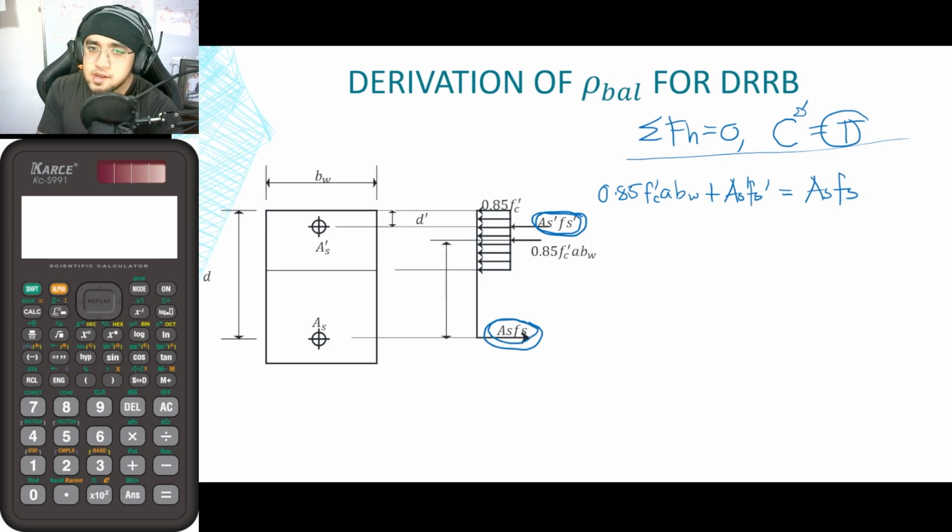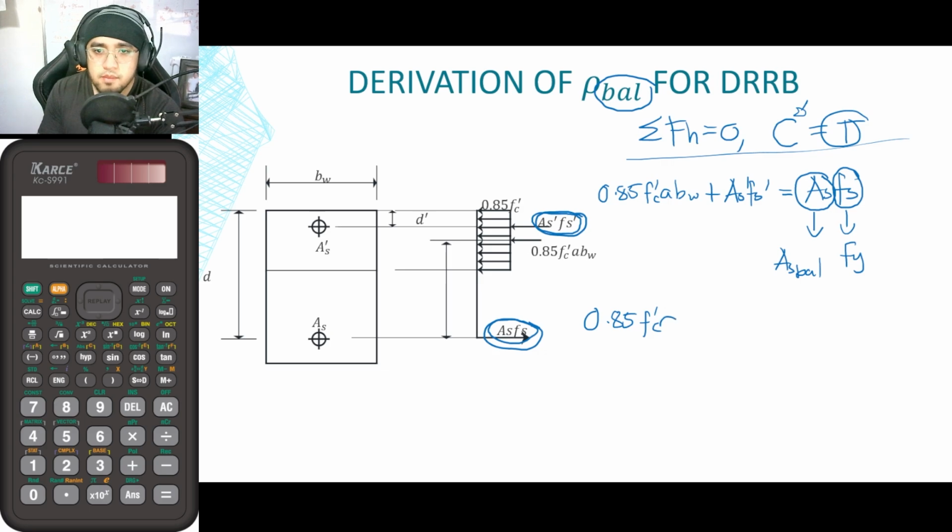Once again, when we say balanced condition, our fs must be equal to fy. Thus, let us change this fs into fy. And if we change that into fy, the area that we will be solving for here is now our balanced steel area. So rewriting our equation, 0.85 times f'c times a times bw plus As' fs' is now equal to As balanced times fy.